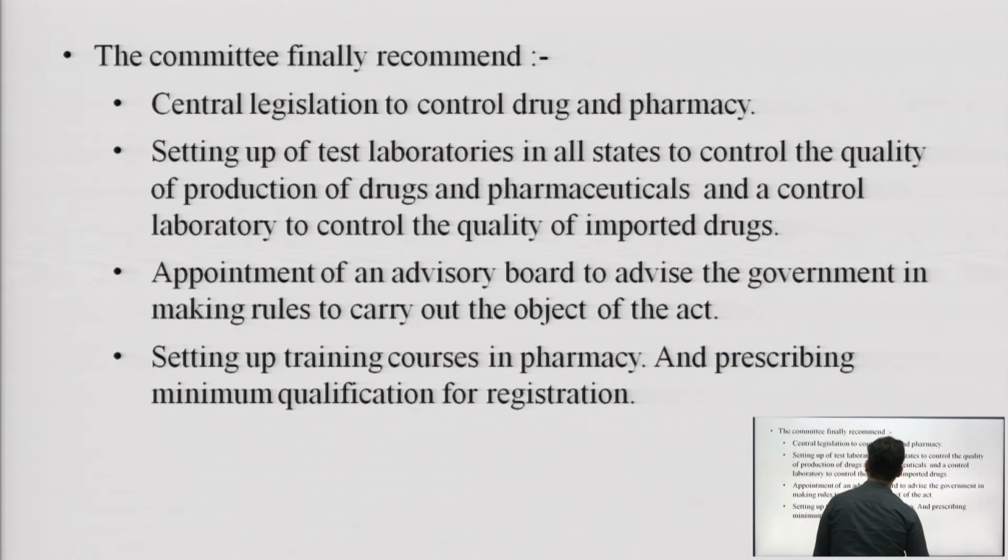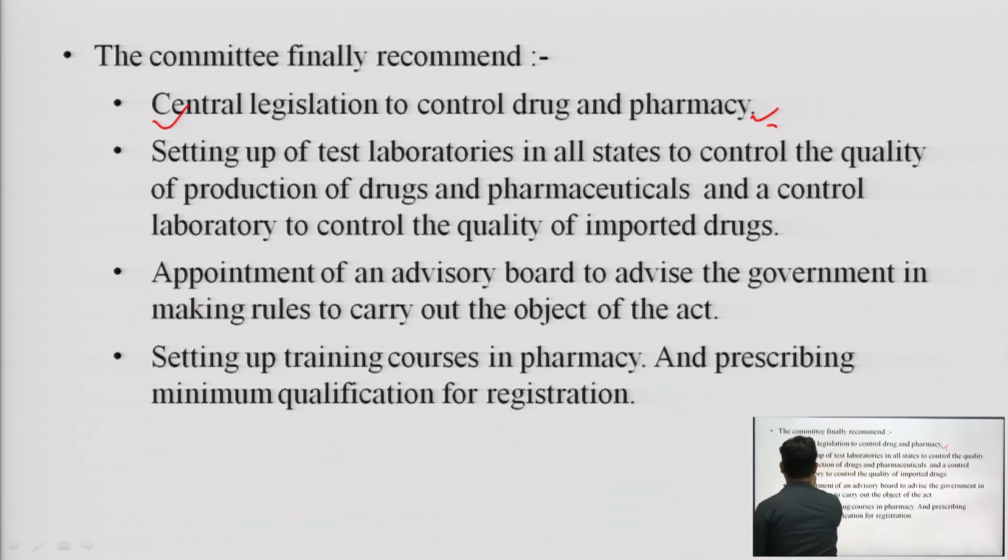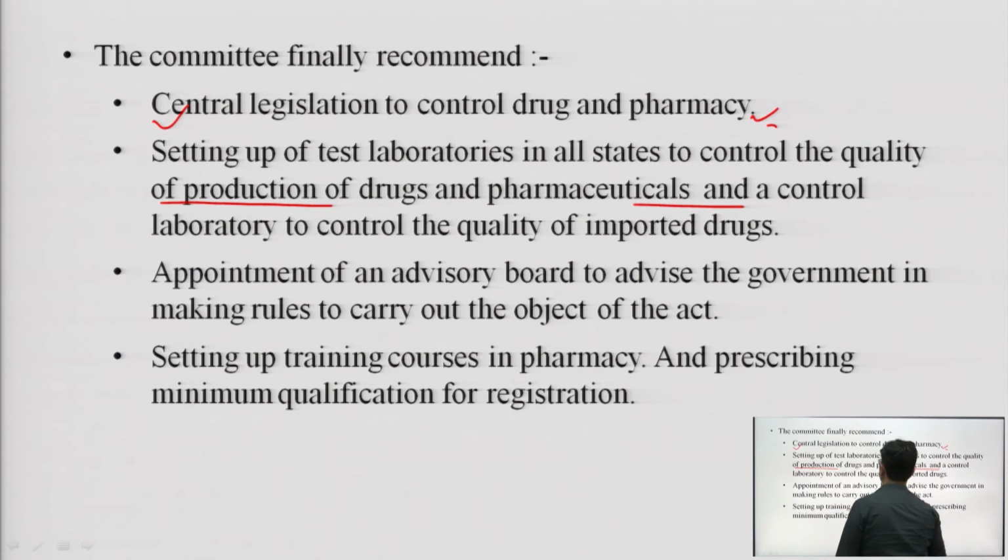The committee finally recommended that central legislation is required to control the drug and pharmacy. Setting up of test laboratories is needed in all states to control the quality of production of drugs and pharmaceuticals, and a control laboratory to control the quality of imported drugs.